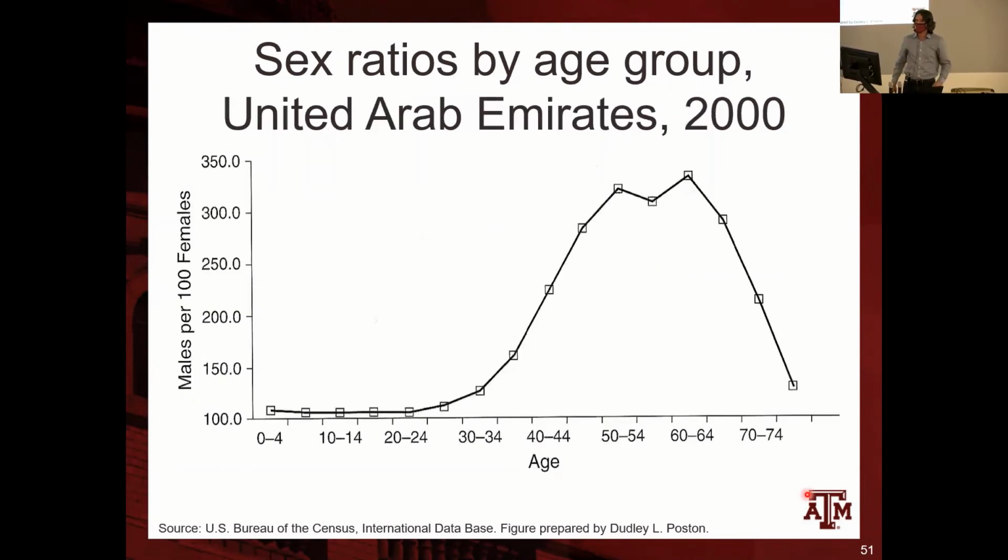The United Arab Emirates, you have the opposite. You actually increase the number of boys or the number of men over time. Still more boys being born than girls, but as you start to look at older ages, you have more men than women at really, really high levels.